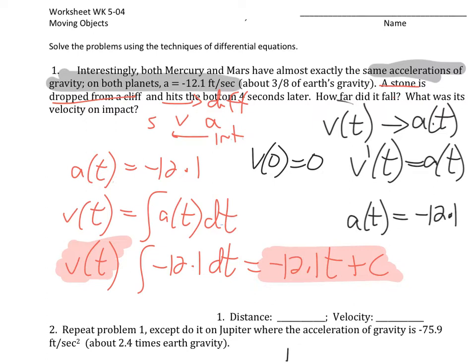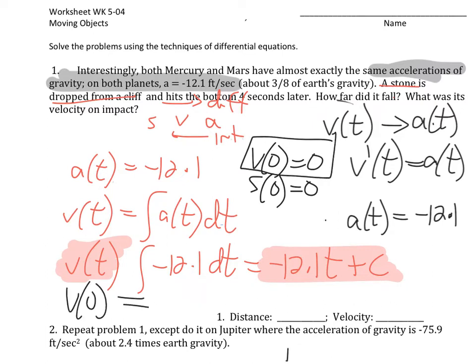Same difference with the position. When you take S of 0, the position function is also 0. And this is what happens when you have a stationary object that's dropped. So since I know the initial velocity, V of 0 is 0, I'm going to plug in t is 0 and solve for the constant.